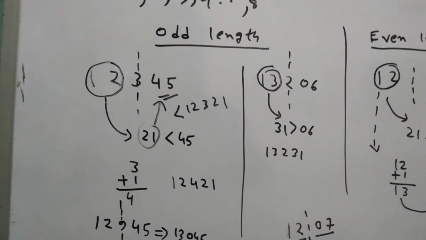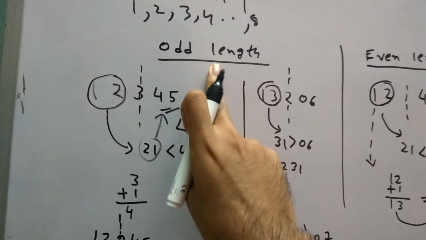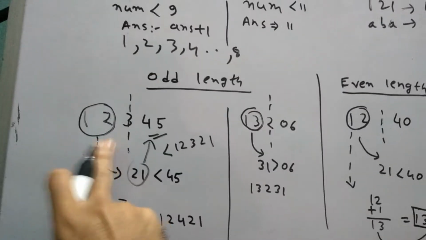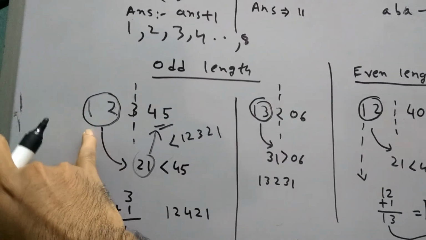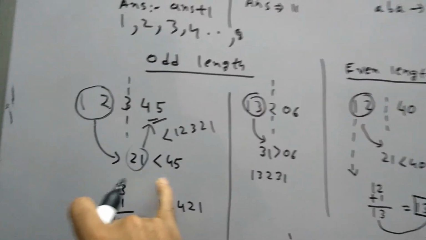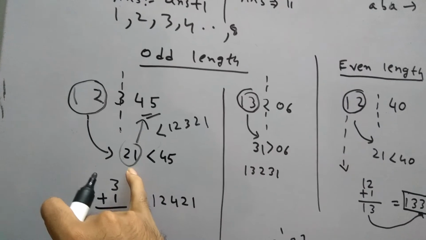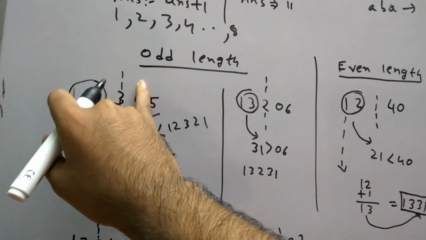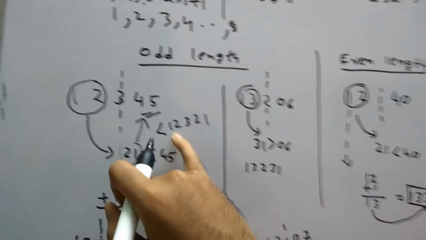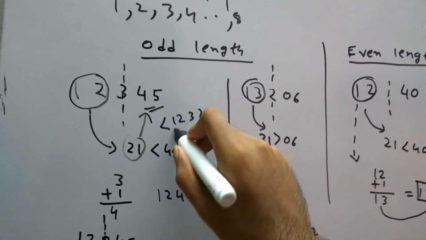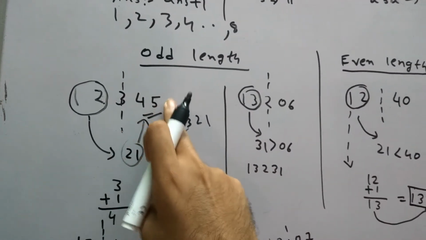Now, for the odd length, if we look at this example, if we take the left part, 12, and reverse it, it will be less than 45. If we put 21 in the place of 45, the number would become 12321. This is indeed a palindrome, but it is not greater than the number which is given.